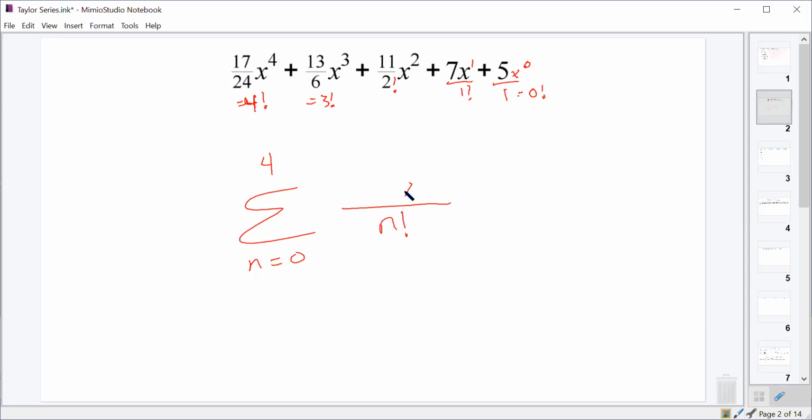And we also in the numerator have x to the n for each of them. But what are all of these numerators? The 17, the 13, the 11, the 7, and the 5. What are those values?